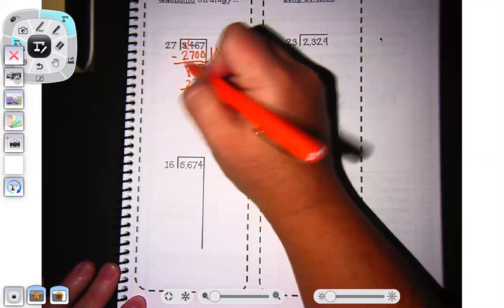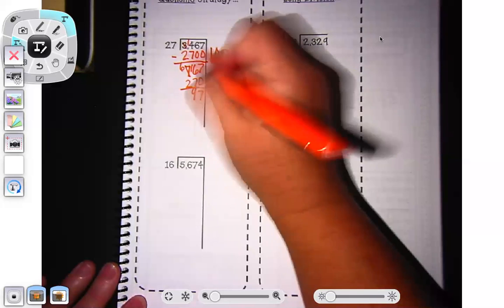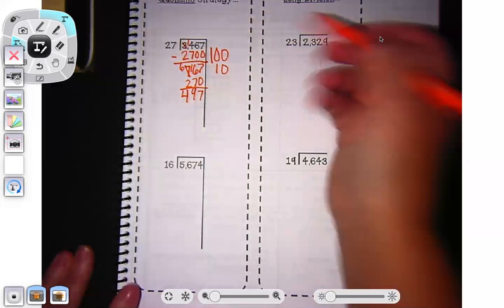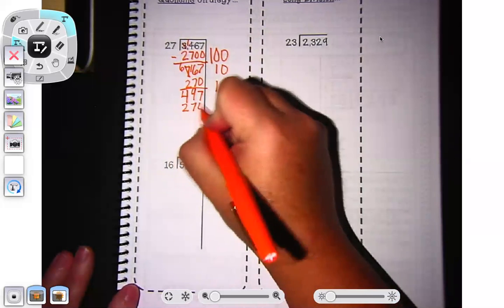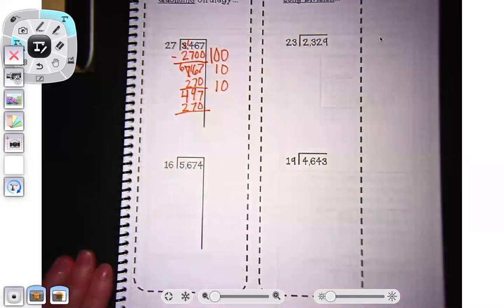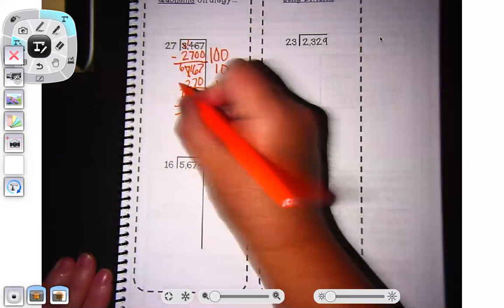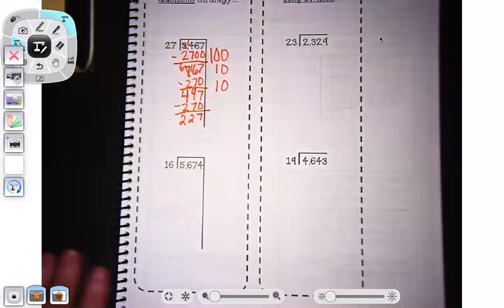I'm going to subtract, so I would get 497. Well, then I can do 10 again, 270. And boys and girls, you can pretty much do any number that you want as long as you are taking the number from here, multiplying and subtracting. So then I get 227.